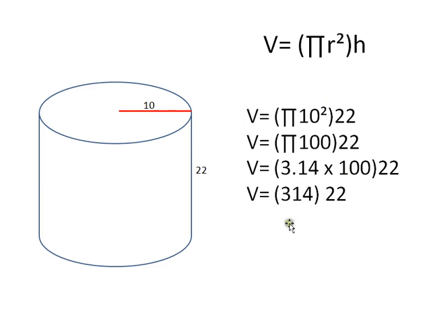I'm almost there. 314 times 22, I can do that. And I'm going to get 6,908. So I know that with a cylinder this large, with a radius of 10 units and a height of 22 units, I'm going to have to take 6,908 cubic units to fill it up.